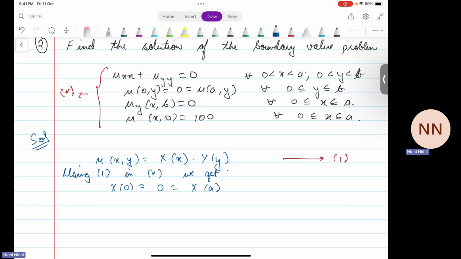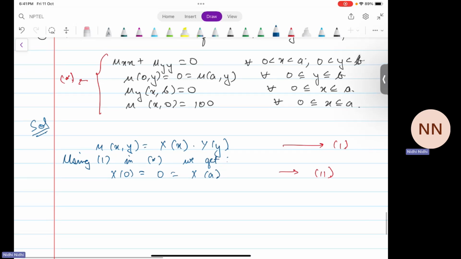The first boundary condition will give us this condition. The second one will give us that Y dash at point b is 0. Condition third. And the third condition will be using at the end.